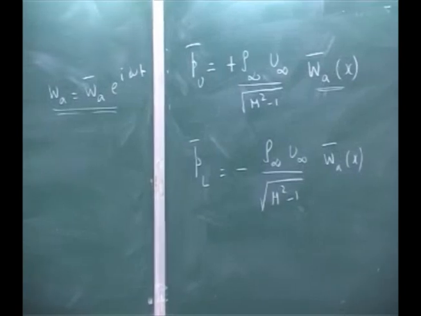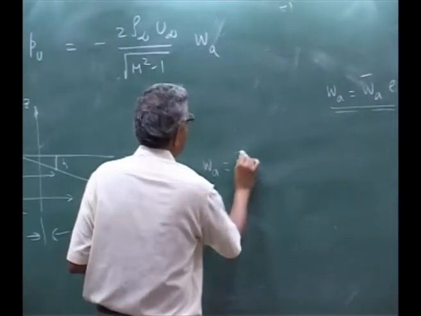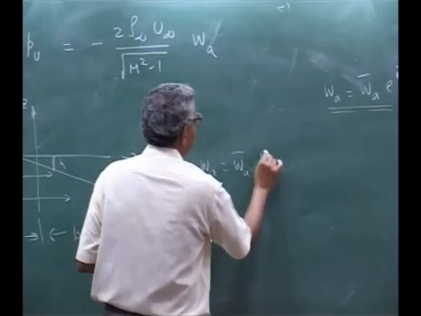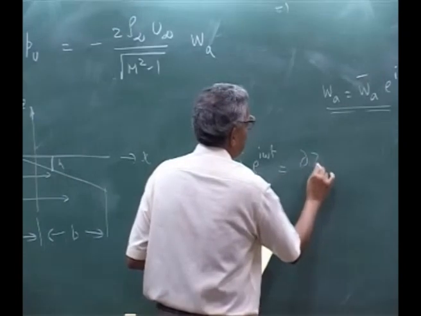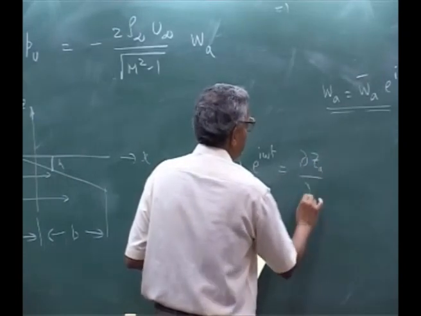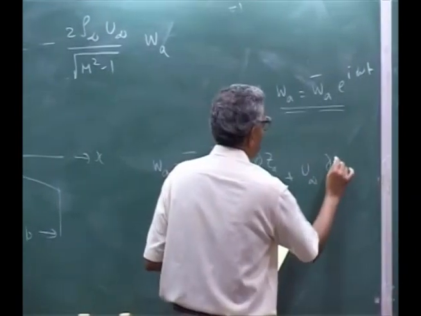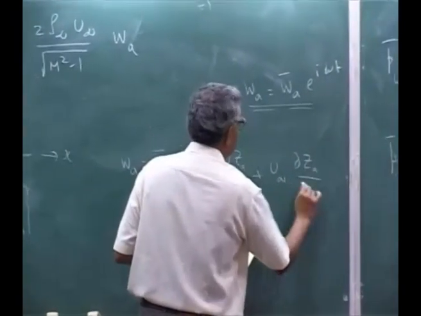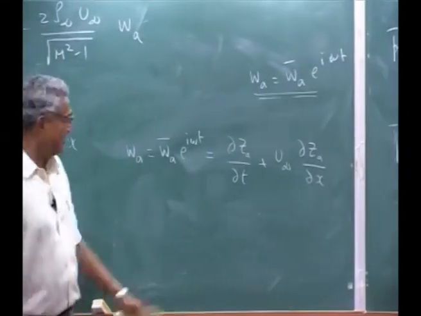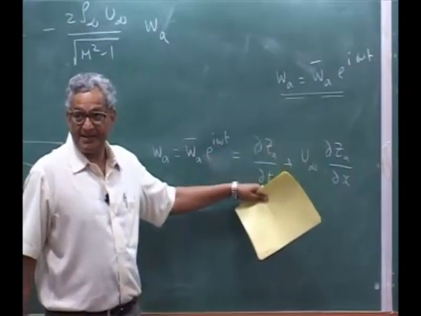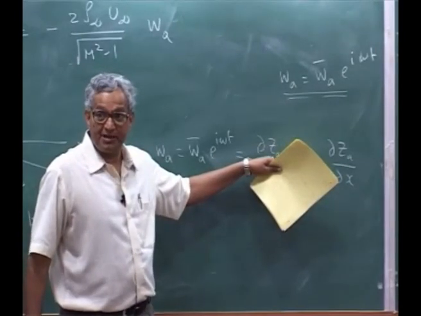Go back to your notes, you will see WA is W bar A e I omega t, which is delta ZA, the Z displacement of the aerofoil.